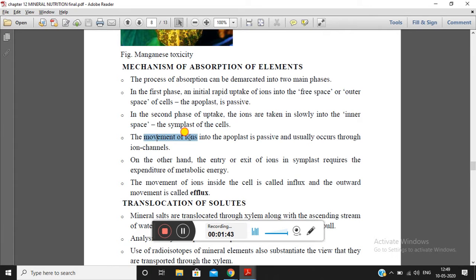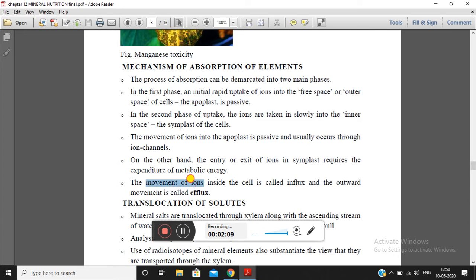The movement of ions into the apoplast is passive and usually takes place through the ion channels present inside the cell, whereas the entry of ions through the symplast requires expenditure of energy. So basically it is an active mode of absorption, whereas apoplast is the passive mode of absorption.